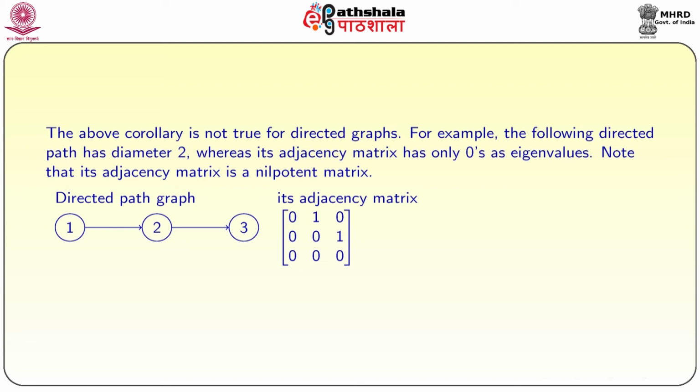Here we put 1 in the entry (1, 2), since there is an edge from 1 to 2. There is no edge from 1 to 3, so it is 0, and we are not taking the entry (3, 2) as 1, because there is no edge from 3 to 2, but there is a directed edge from 2 to 3.